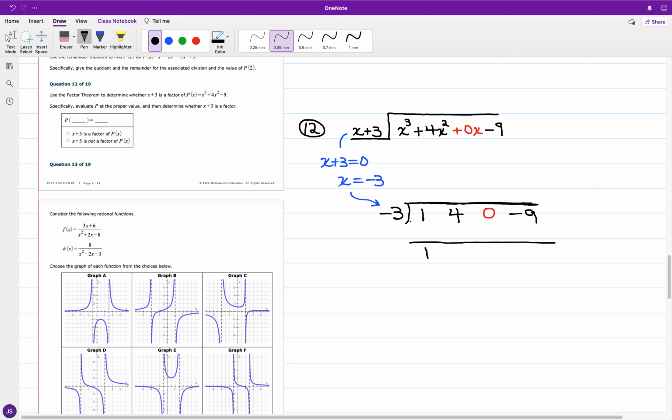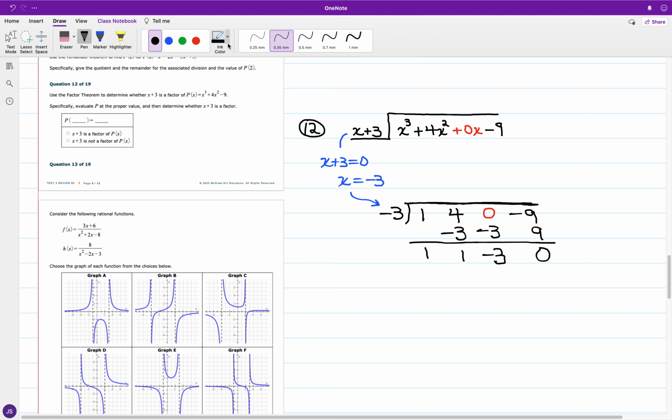We bring this down, then negative 3 times 1 is negative 3. 4 plus negative 3 is 1. Negative 3 times 1 is negative 3. 0 plus negative 3 is negative 3. Negative 3 times negative 3 is a positive 9. Negative 9 plus 9 is 0.